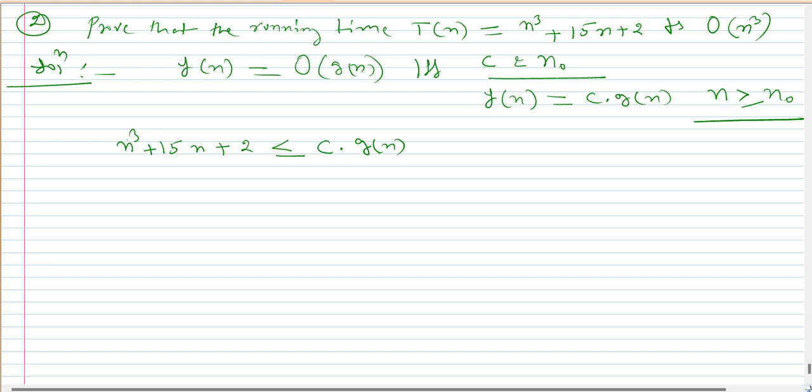And what is our g(n)? Our g(n) is n cube, so that means it is less than or equal to c dot n cube for some values of c and for all n greater than or equal to n naught. So we have to find some n naught and c which satisfies this inequality.